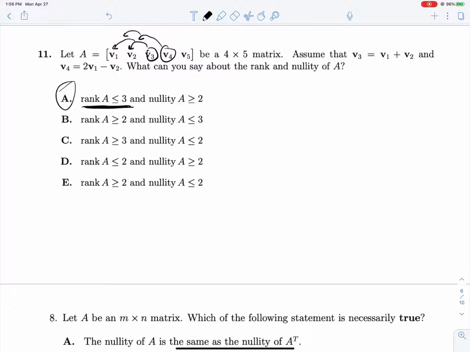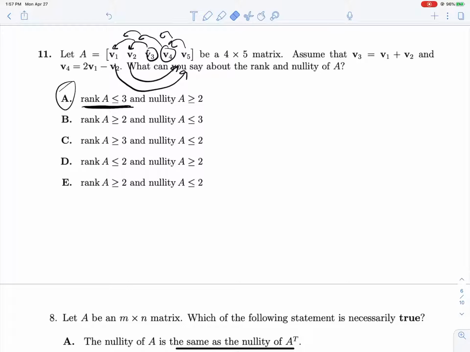So this should be our answer here, with nullity of A greater than or equal to 2, because we don't know anything about V1, V2, and V5 and how they relate to the other columns. It could be that both V1 and V2 are linear multiples of V5, and that V5 can be formed from V3 and V4. So everything could be dependent on everything else, and thus our nullity would be 5.